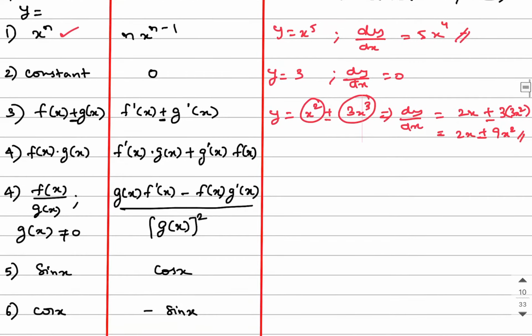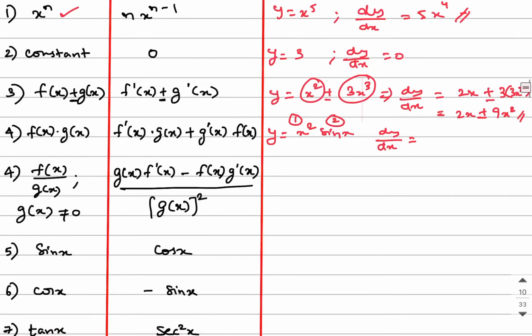Similarly, when you have y is equal to f of x into g of x, that is when you have y is equal to, let's say, x square into sin x, then dy by dx will be equal to, so you should take this as the first function, this as the second function.